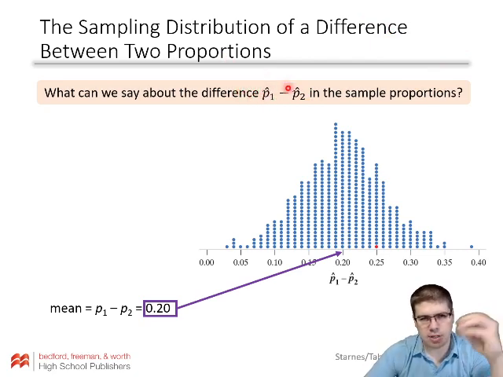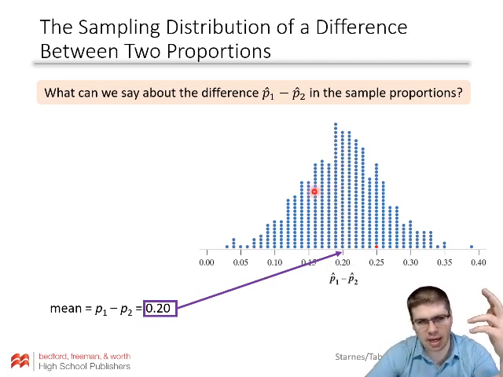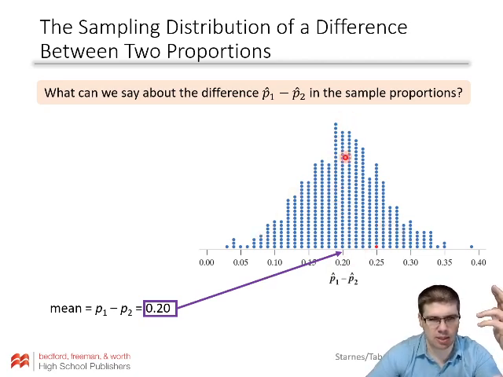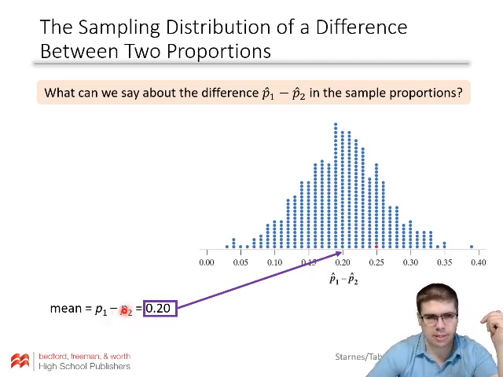And so we're doing the difference of two random variables, and so we can just subtract the two averages, the average p hat and average p hat, which ends up being P1 minus P2. This was 70% minus 50% gives us 20%. So on average, we're going to get a 0.2 difference. But sometimes the difference is higher, sometimes lower. But it's going to be centered at the difference between those two population proportions, P1 minus P2.